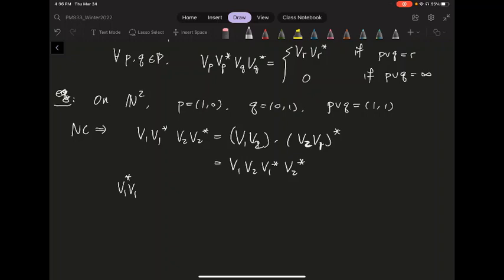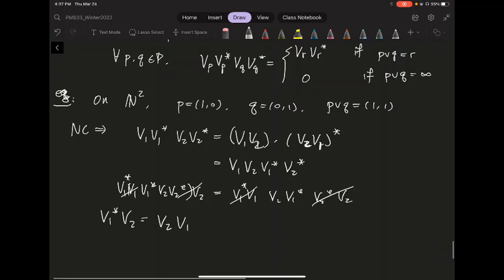So you multiply V1 star on the left, you have V2 V2 star, and then you multiply V2 on the right. This is going to equal V1 star V1, and then you have V2 V1 star V2 star V2, and things cancel out. So what you have is that V1 star V2 is equal to V2 V1 star.